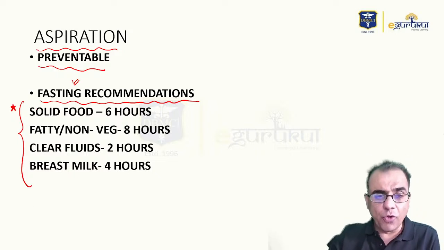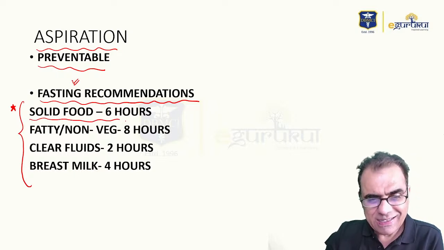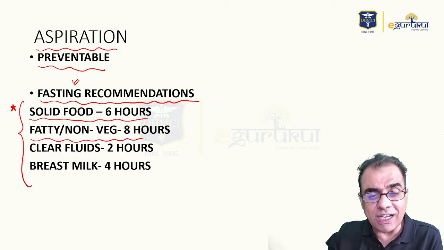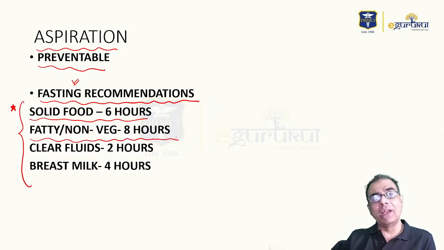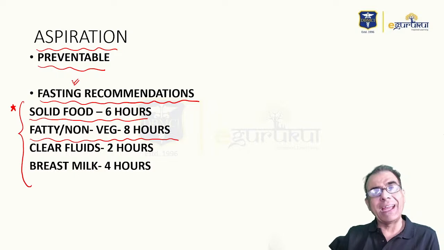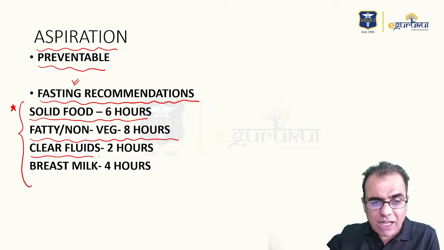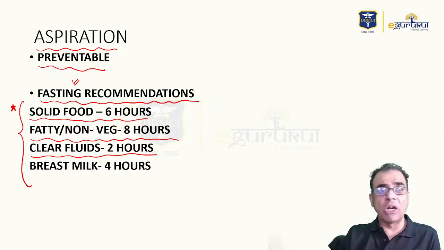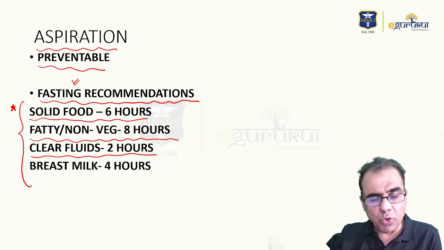For solid food, 6 hours. However, if the solid food includes fatty and non-vegetarian meals, then it takes time to clear the stomach and we have to wait for 8 hours. Clear fluids means water, or plain juices without pulp. They can be given up to 2 hours.